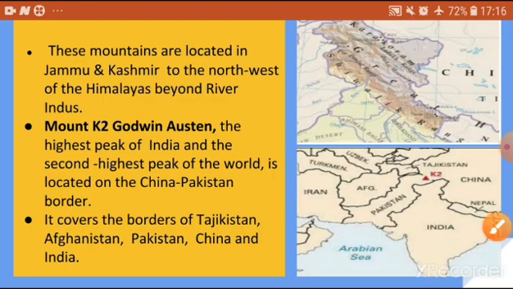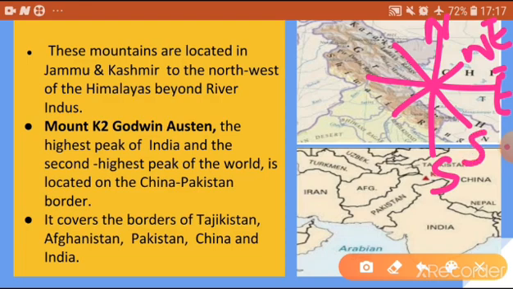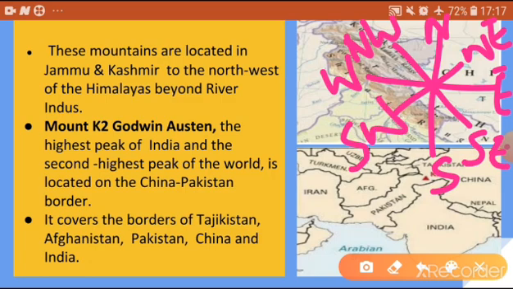Along with them, there are 4 sub-directions. They are in between north and east, northeast, in between south and east, southeast, in between north and west, northwest, in between south and west, southwest.